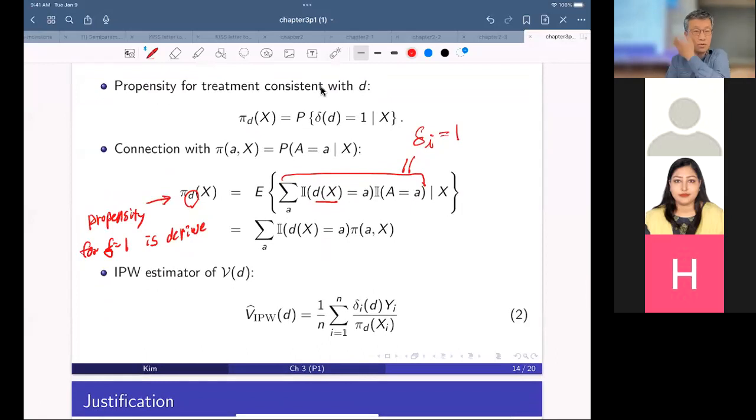We use the model for pi_A, derived from the propensity score model for A.